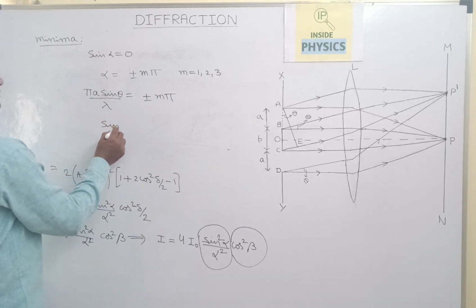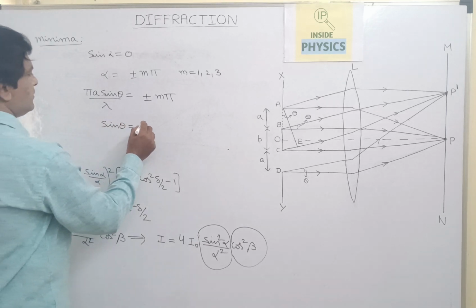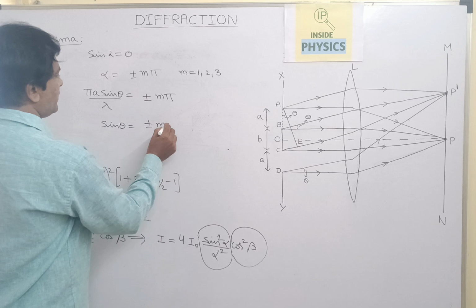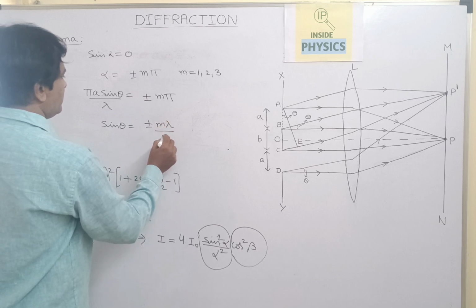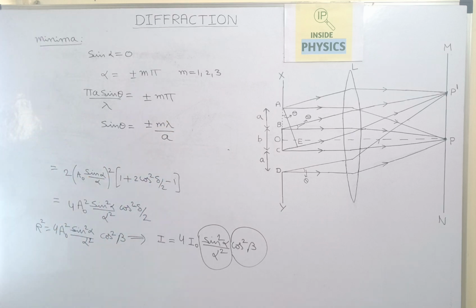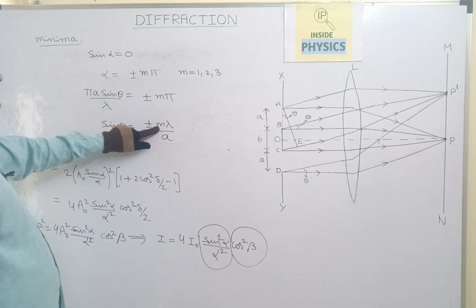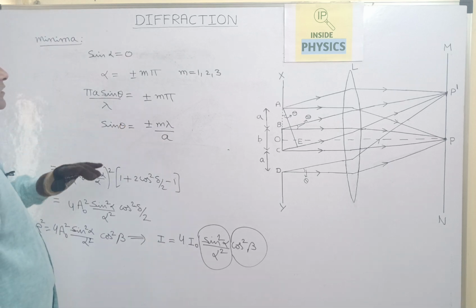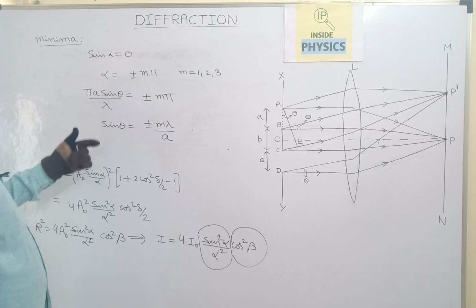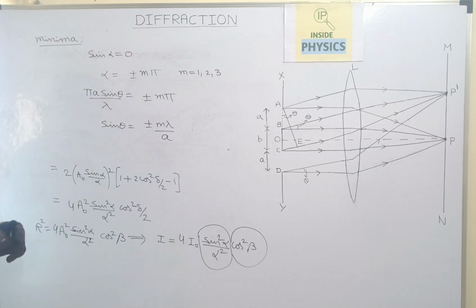Sine theta is equal to plus or minus m lambda by a. So this value of sine theta, the diffracting angle, can be calculated if you know the order of the fringe and the wavelength and slit width, where m is the order of the fringe.